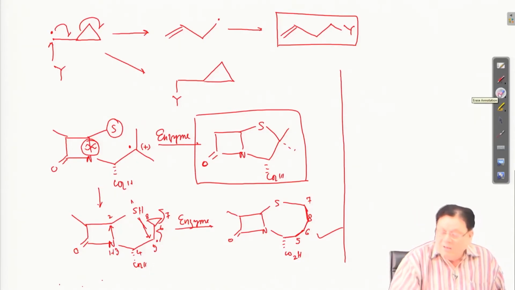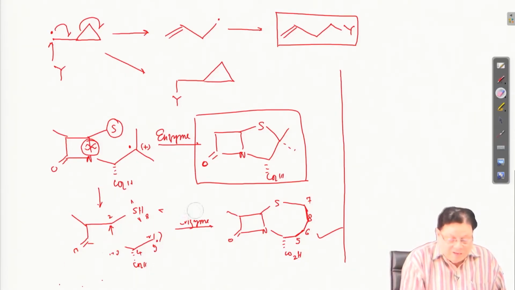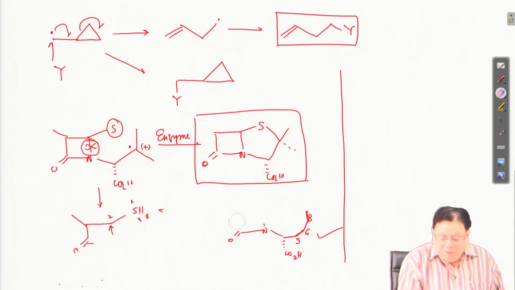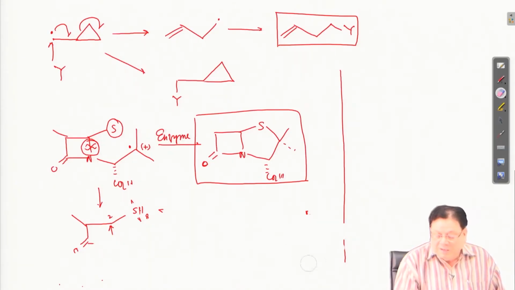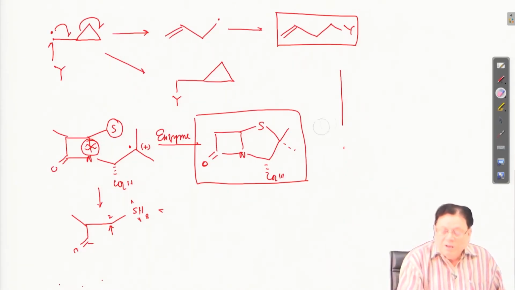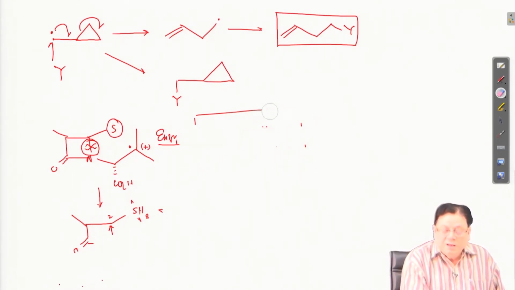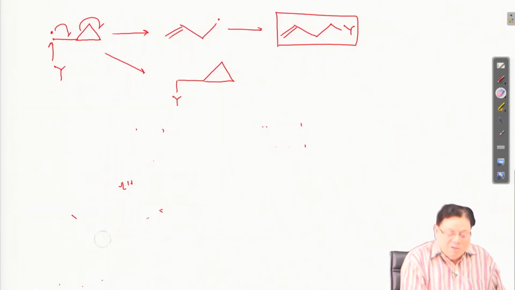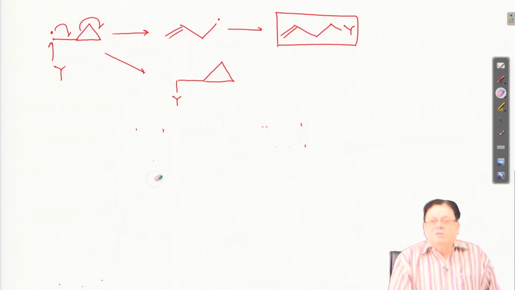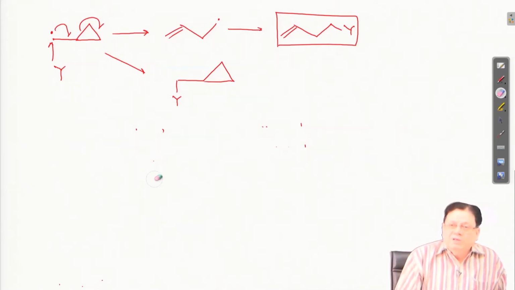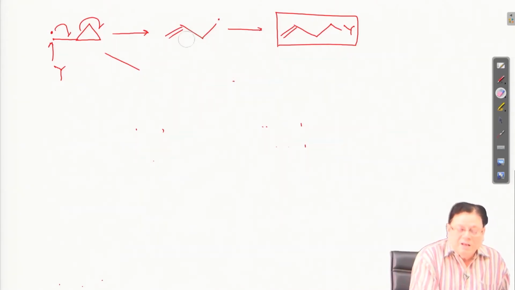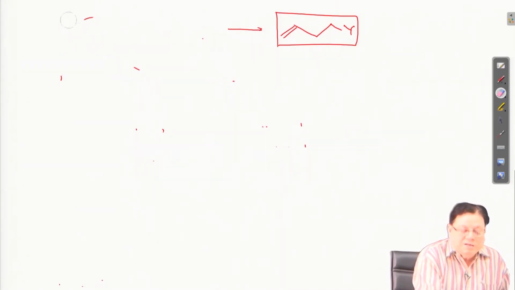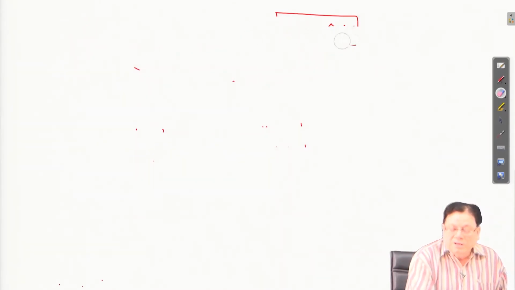Now, let us again go back and start proving how the radicals are generated. I have already given you possibly one method, which is the tin hydride based method, where you take an alkyl halide, or you can take an alkyl thiosulfide SPh, or an alkyl selenide, and if you add tributyl tin hydride, the reaction goes via a radical pathway. Okay.